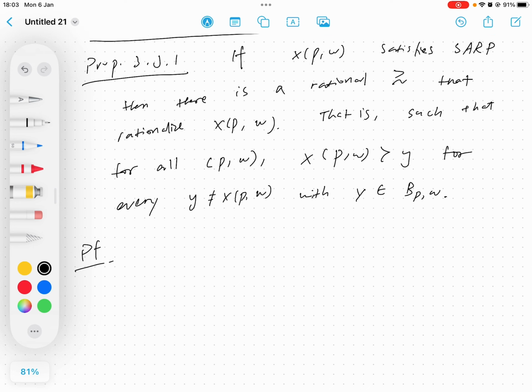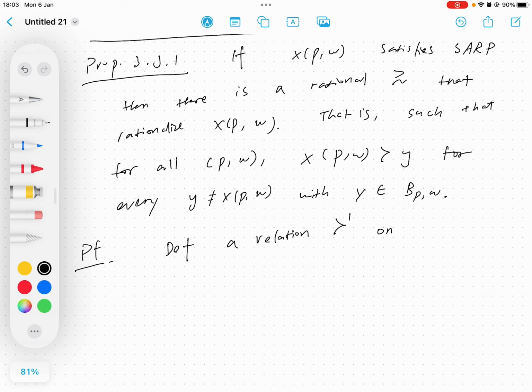First we define a relation, which is a binary relation, and we have a little 1 on top of this.